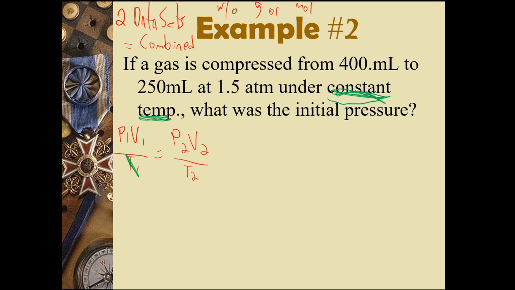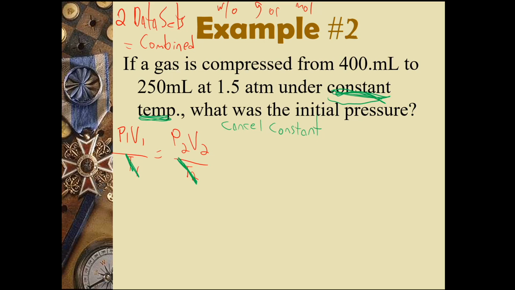What that means is we can just cross out the temperatures, because you cancel constants. Whenever you have a constant, you just cross it right off of what you're working with.